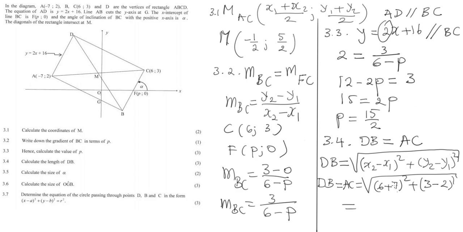After calculation, this will be 13 squared, which is 169, plus 1 squared is 170. So the square root of 170, you don't use decimals, you leave it just like that.